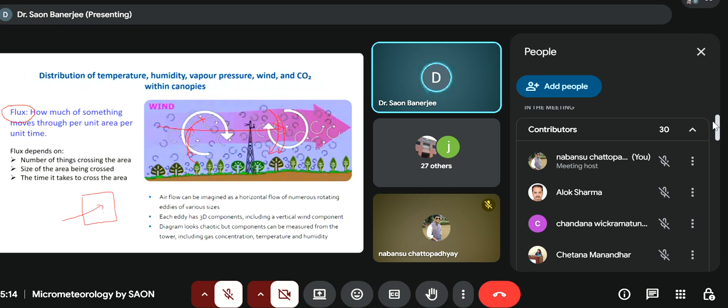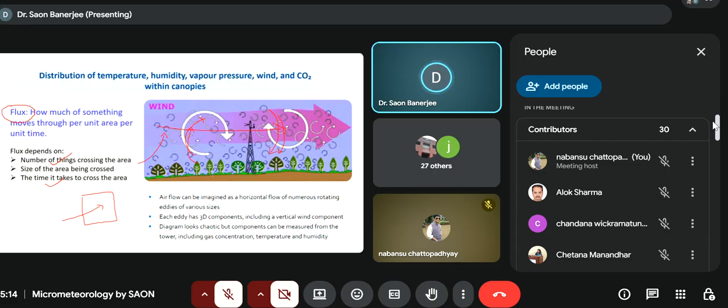So that is the flux, and it depends on the amount of materials, the amount of energy which is crossing that area, and the size of the area. A field may be a smaller one or a larger one, a forest may be a small forest or a very big forest. Then what is the time it takes to cross that area? Some wind movement will be very fast, so the time taken will be very less.